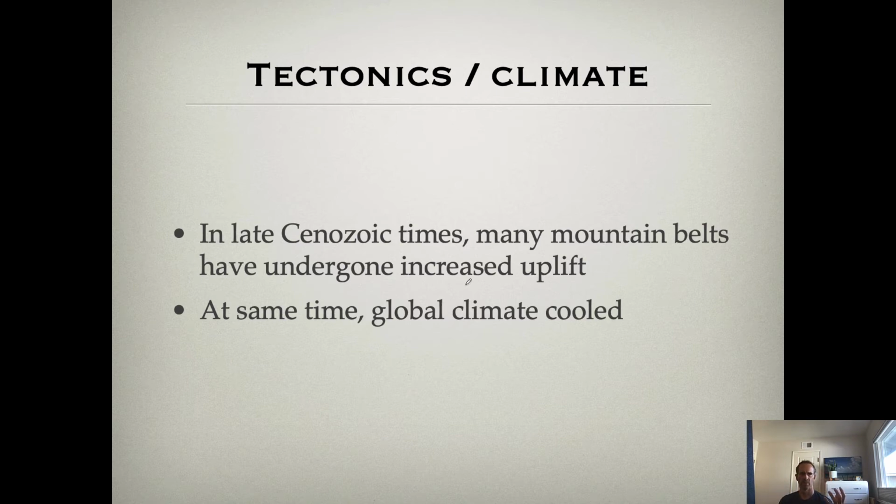The original hypothesis is that tectonic rates sped up or something changed with the tectonic system, and all of a sudden we are creating these large mountain ranges. But people also notice that at the same time, the global climate has, on average, cooled down over late Cenozoic time. And by late Cenozoic time, I'm generally talking about 10 million years or less, okay? So we're not talking about just the last ice age, we're talking about the end of Cenozoic time. So Pleistocene, Holocene, even into Pliocene.